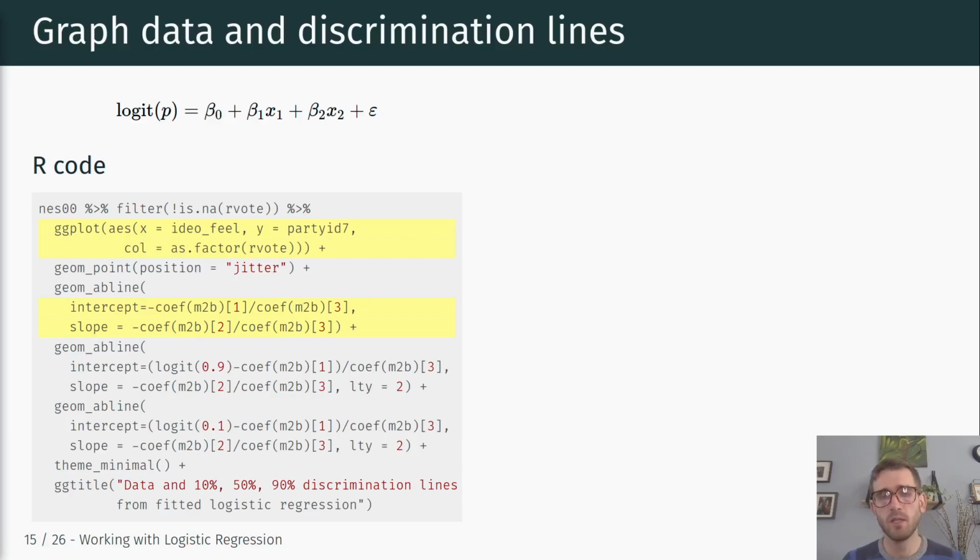One really cool visualization that is discussed in the textbook is graphing raw data and, in addition, discrimination lines for different levels of predicted probabilities. Here I'm going to show you how to recreate that plot using ggplot rather than base R and the functions that are in the textbook itself.